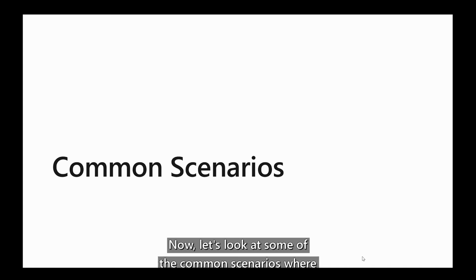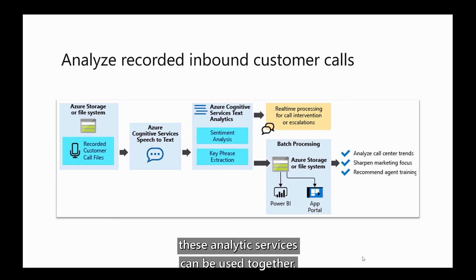Now, let's look at some of the common scenarios where these text analytics services can be used together, right? We have been talking about a lot of use cases already, but I wanted to call out a couple of popular ones. The first one is analyzing customer care calls.